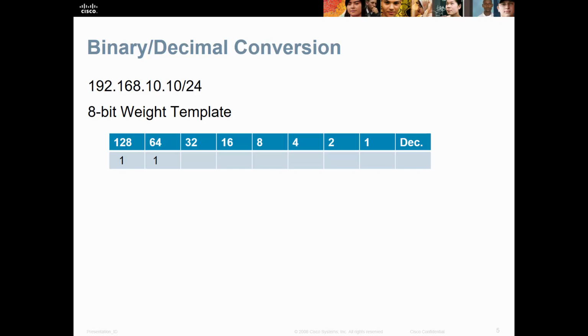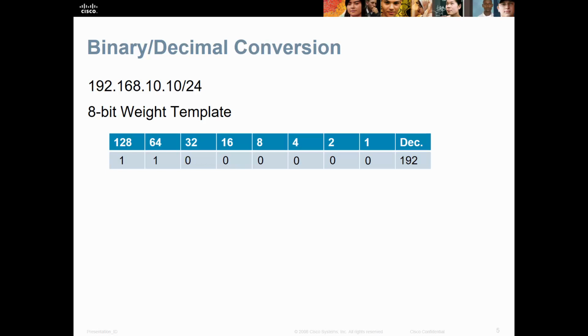So now the total weight of the combination that I placed in my template is 192, which gives me the number that I'm trying to translate. So now for the remaining positions, I don't need to add any weights, so I'll just simply add zeros in these positions. Now if I add the weights of all these 8 bits in my template, I'll end up with the 192 decimal number. So that's what 192 would look like in memory.